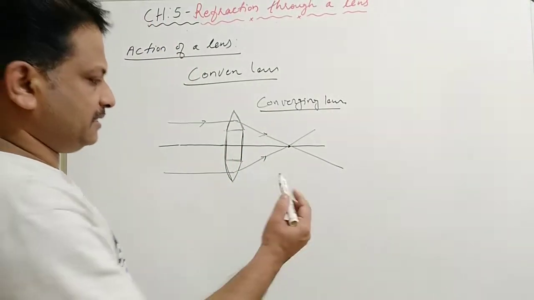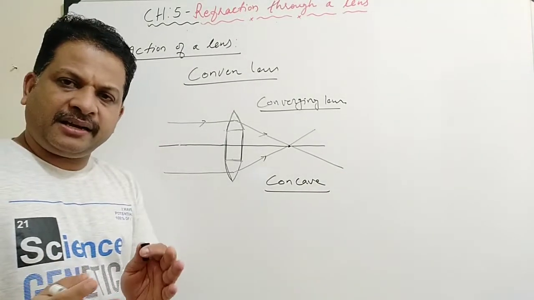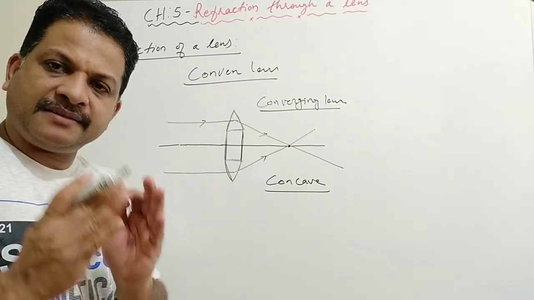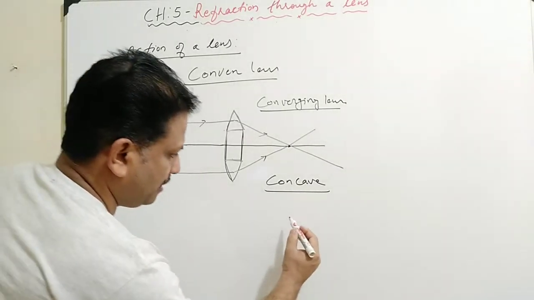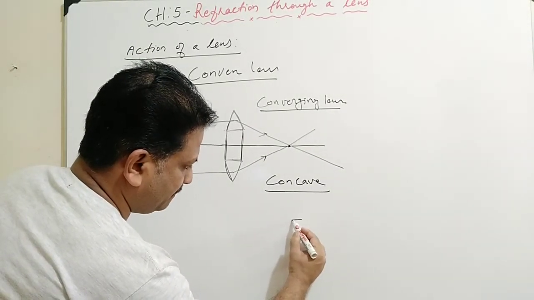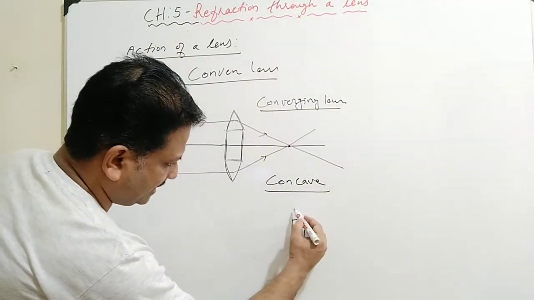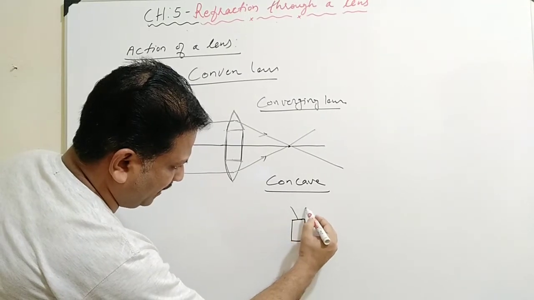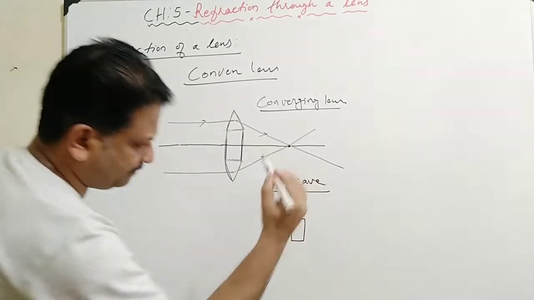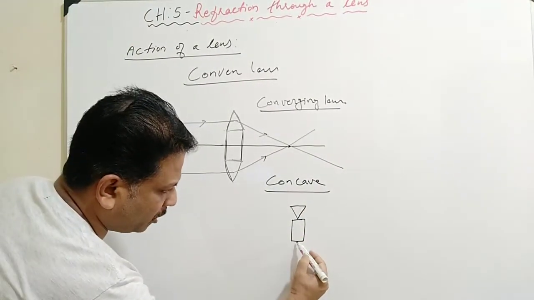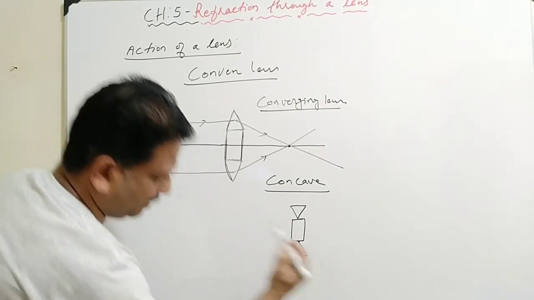Now what about a concave lens? A concave lens can be considered as a combination of a glass slab in the middle and two prisms on either side, such that the upper part of the lens has a prism whose base is pointing upward, and the lower part of the lens has a prism whose base is pointing downward.